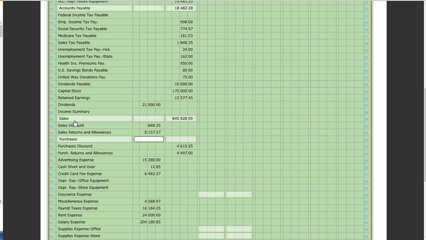We have sales is our revenue account. Purchases is a cost account, okay? So cost accounts we did not have in our first unit because we had a service business. Now because we're buying and selling goods, we have to have purchases. So purchases is a cost account, and a cost account has a debit normal balance. So we're going to put $389,184.01.